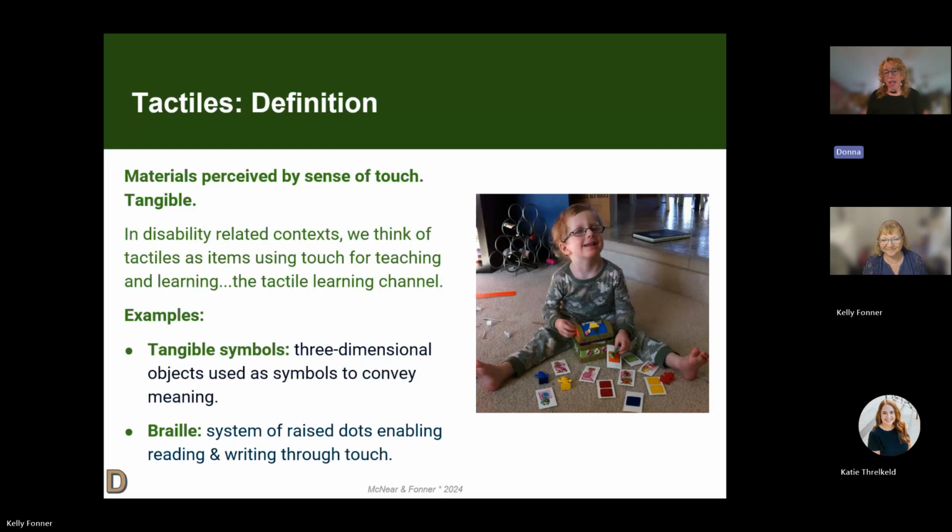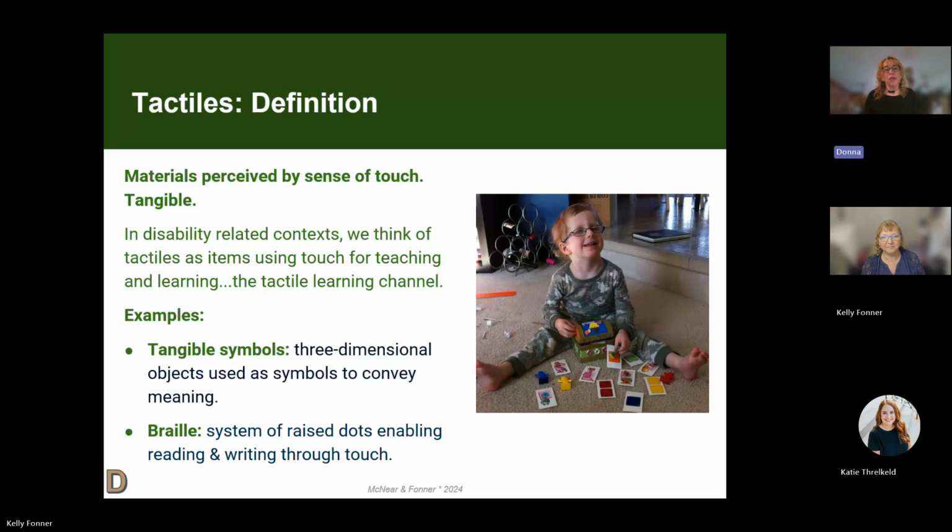So we like to start with getting on the same page with the terms and words we use. So, the definition for tactiles. And this is great information for you because then you can use it in your work with your team members and in sharing with others. It's simply materials perceived by the sense of touch. It's tangible.